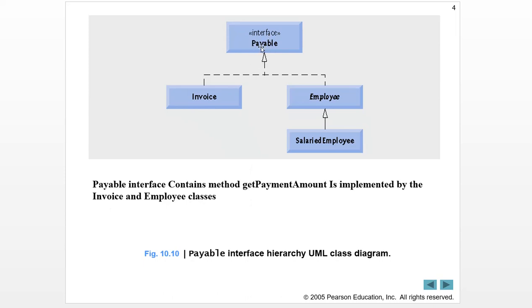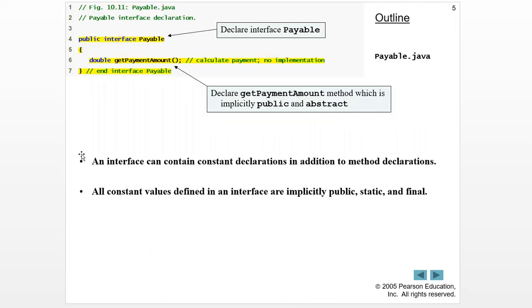So in this interface, we've got a method called getPaymentAmount, so which means then that the invoice and employee class should definitely implement the method getPaymentAmount. So let's look at an example of that. So this is our interface. So we are using Java. So we could say public interface payable. So we are declaring the interface. So this is how you declare it in Java.